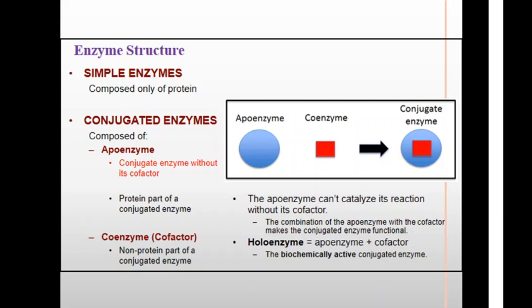The non-protein part could be called a coenzyme or a cofactor. If it's an organic molecule, then the non-protein part is called a coenzyme. And if it is an inorganic molecule, then it is called a cofactor.